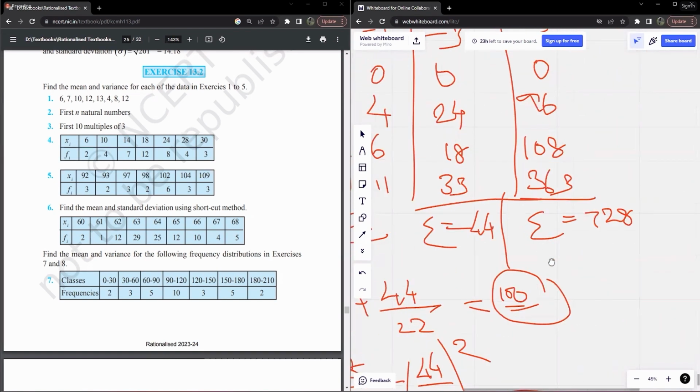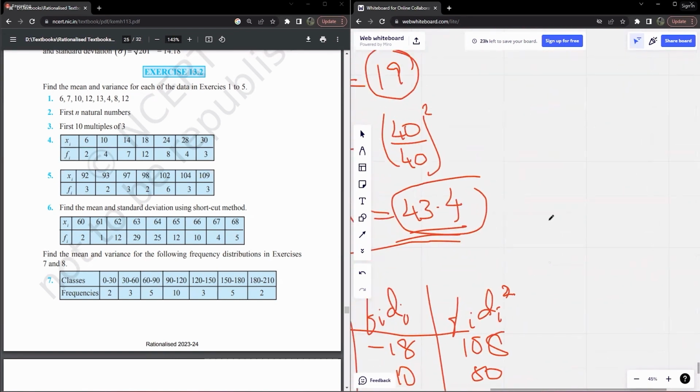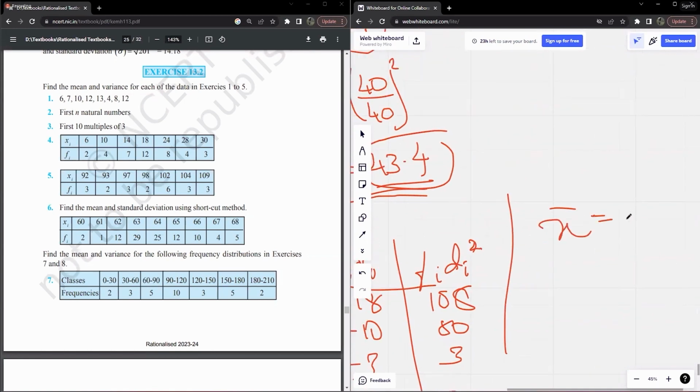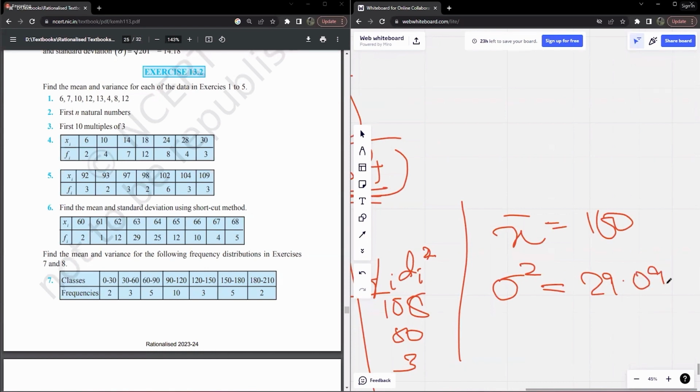Therefore, for this question, your x bar, your mean, is going to be equal to 100 exactly, and the variance sigma square is going to be equal to 29.091.